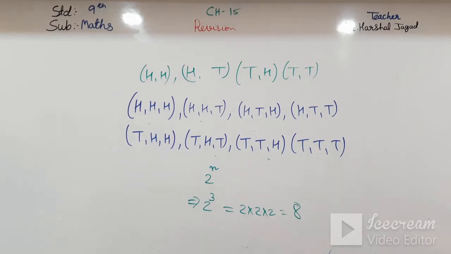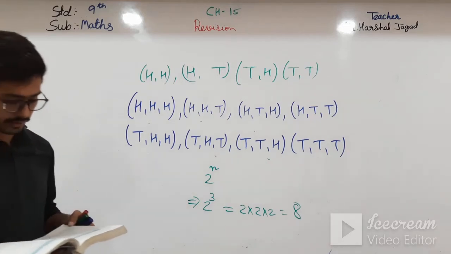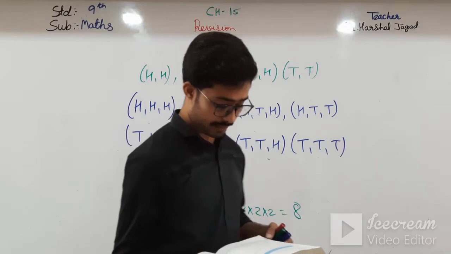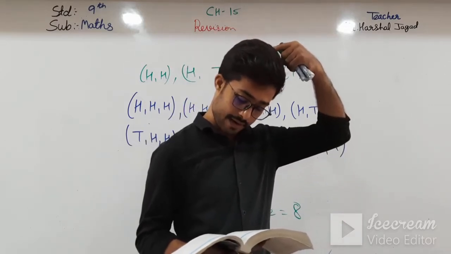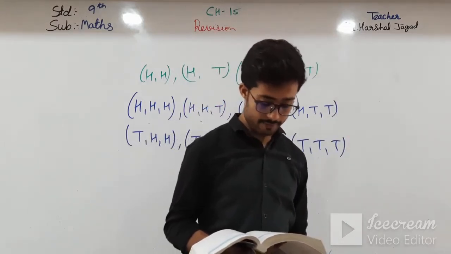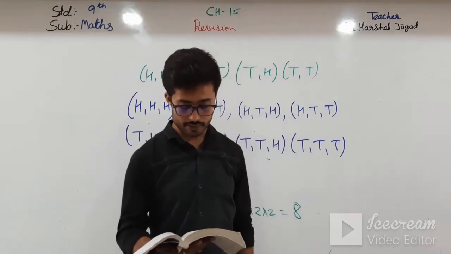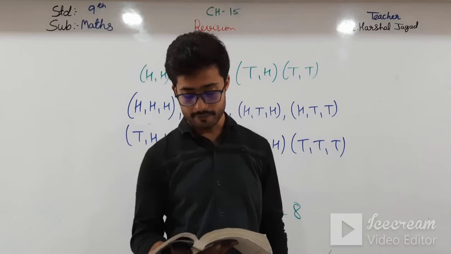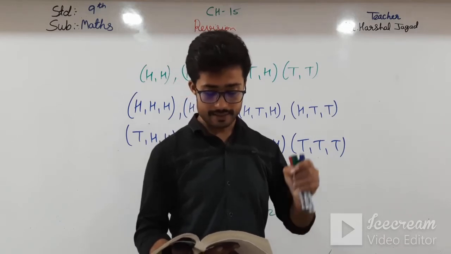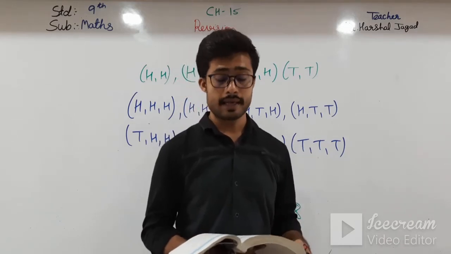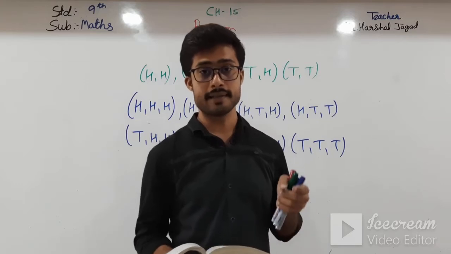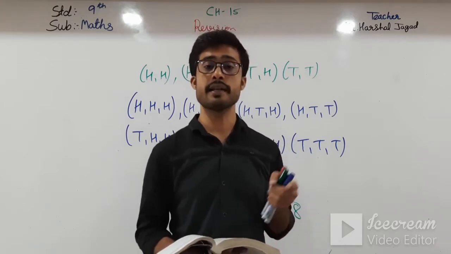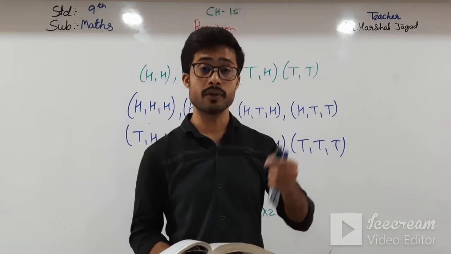And moving further, here at the end they have talked about one page. On one page of a telephone directory there were 200 telephone numbers. The frequency distribution of the unit place digit is given. For example, in the number 258288573, the unit place is 3. So they are talking about the unit place digits. At unit place 0, 22 numbers are there.